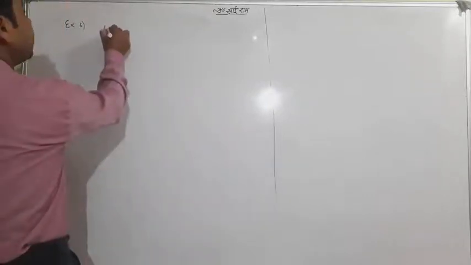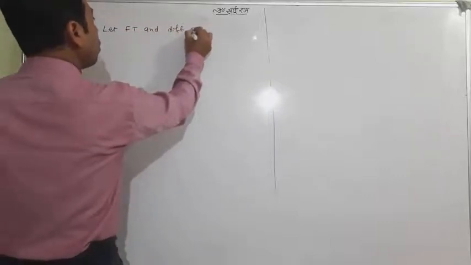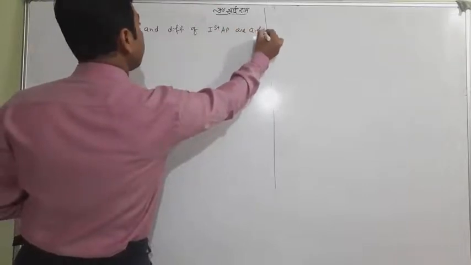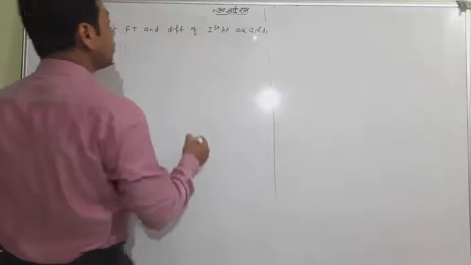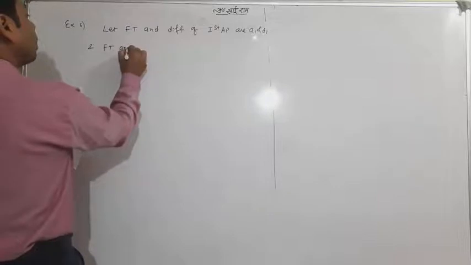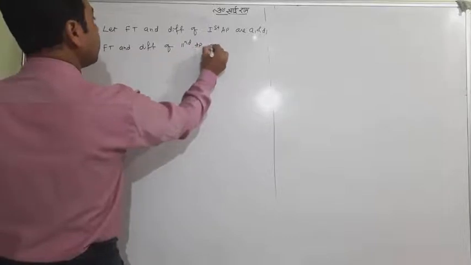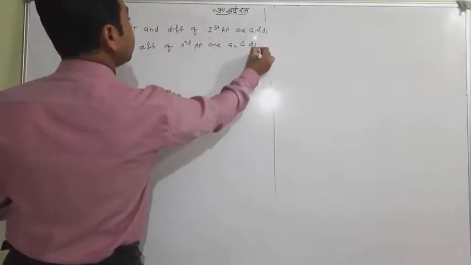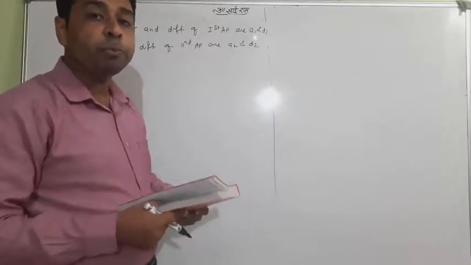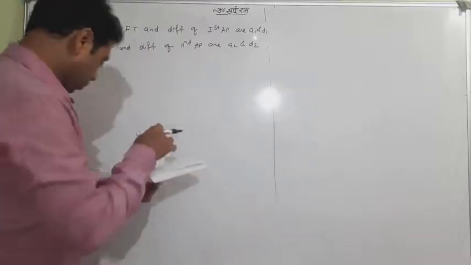So let the first term and difference of the first AP be A1 and D1, and the first term and common difference of the second AP be A2 and D2. That's a very important thing, that I assumed the first term and common difference for 2 APs because 2 APs are given. And what is given again?